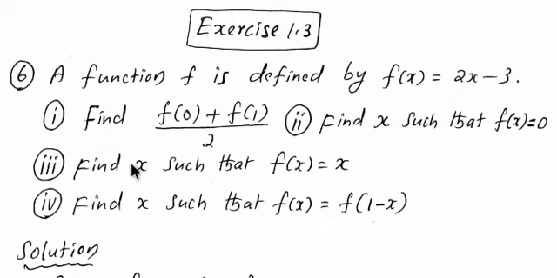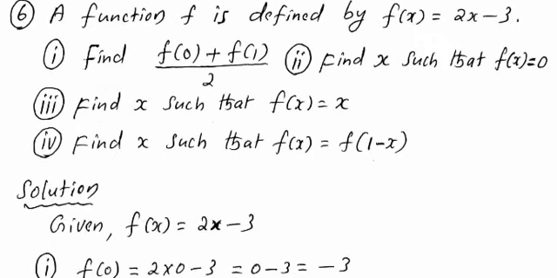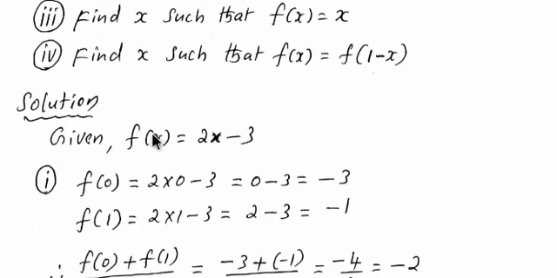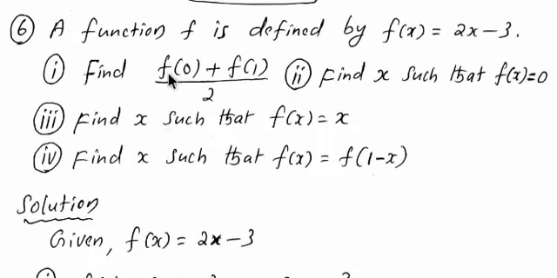Solution. Here, first we have to find f of 0 plus f of 1 whole divided by 2. Here f of x is given as 2x minus 3. Take that equation here. First find f of 0.